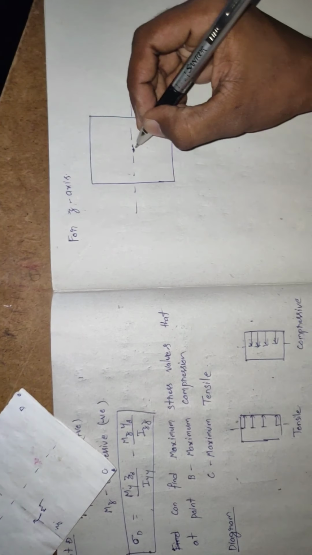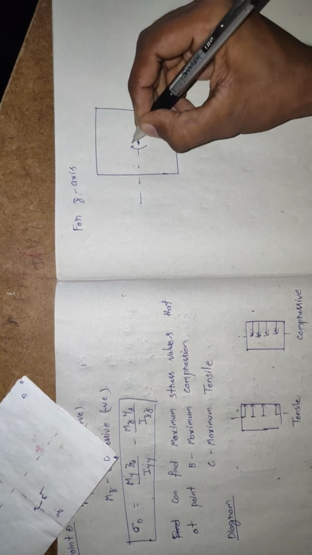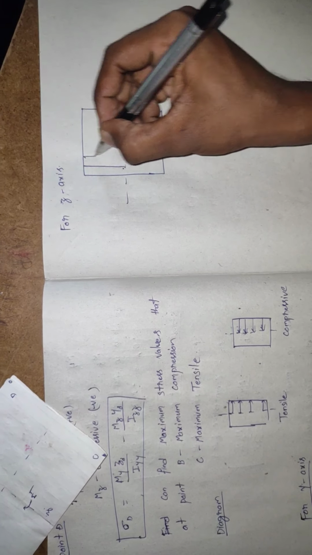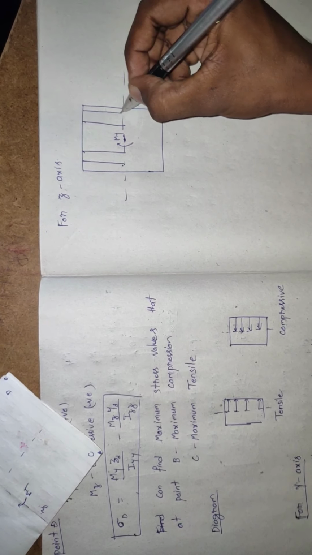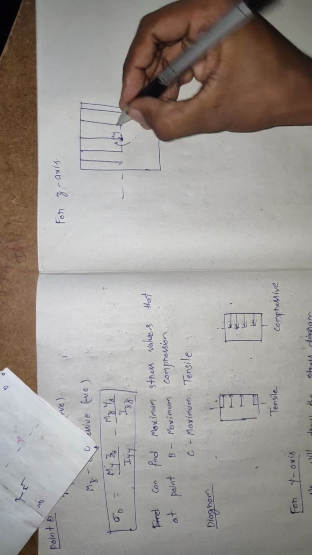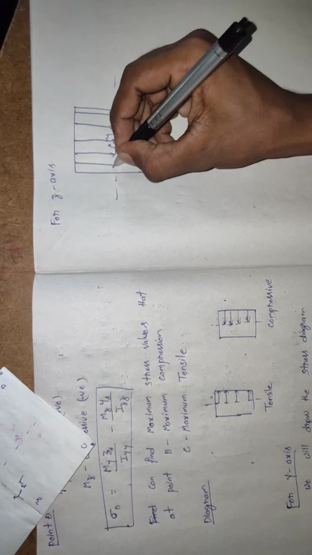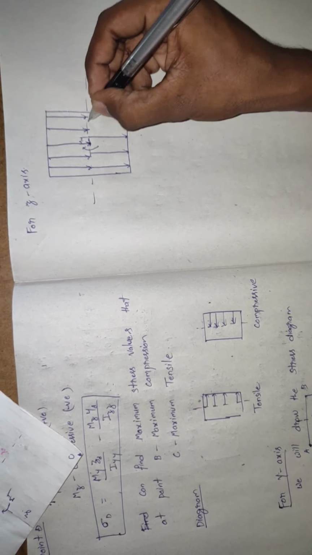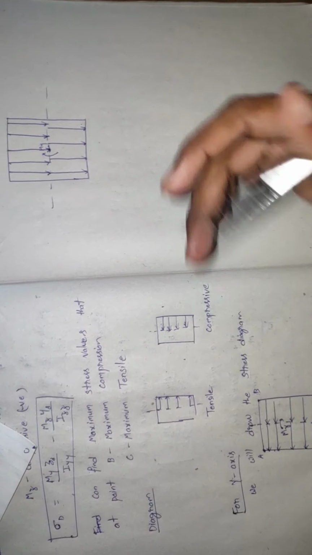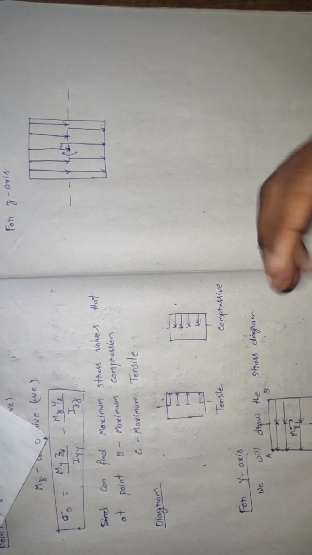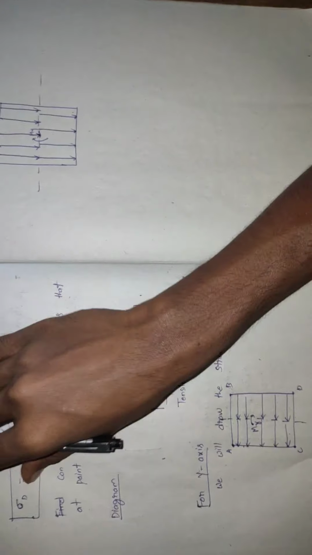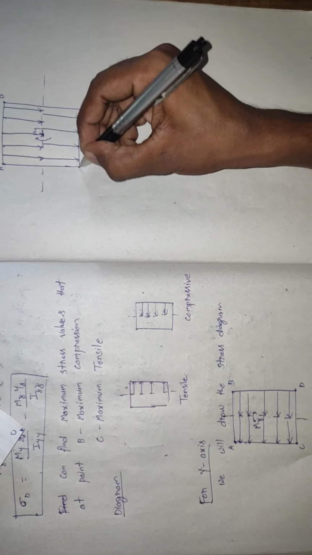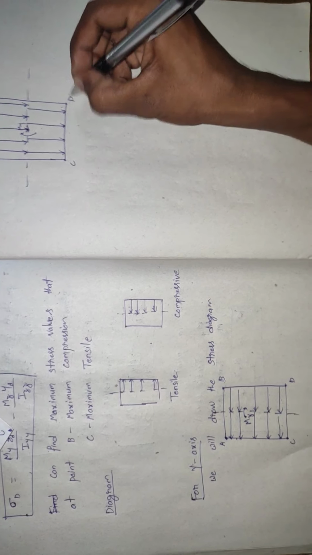The moment is My. This is compression. And this is tensile. Okay. This is the points A, B, C and D.